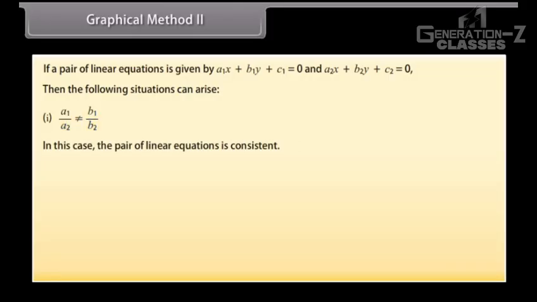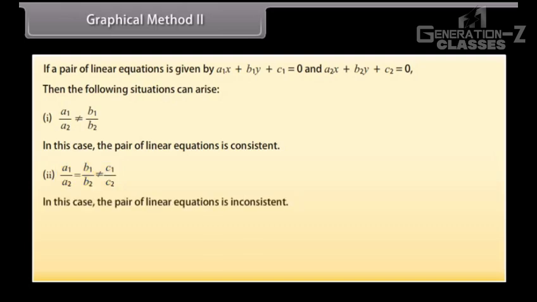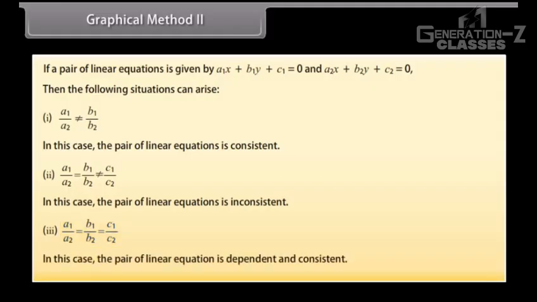In this case, the pair of linear equations is consistent. 2. a1/a2 = b1/b2 ≠ c1/c2. In this case, the pair of linear equations is inconsistent. 3. a1/a2 = b1/b2 = c1/c2. In this case, the pair of linear equations is dependent and consistent.